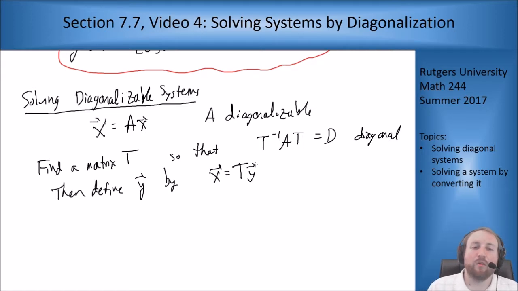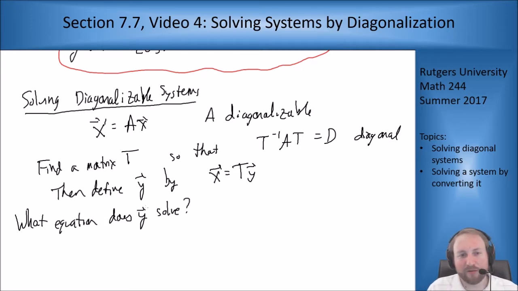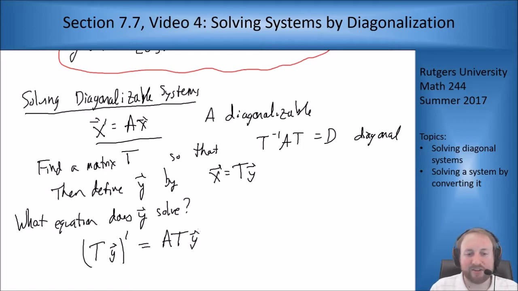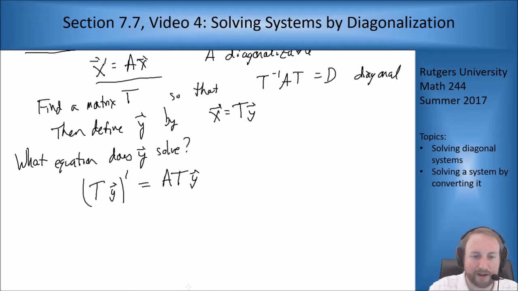Now I want to see what equation y has to solve. Let's plug Ty in for x on both sides of the equation up here. What do I get? I get T times y prime equals A times T times y. Now T is just a constant matrix, so I can move the prime through and just have the prime hit the y.